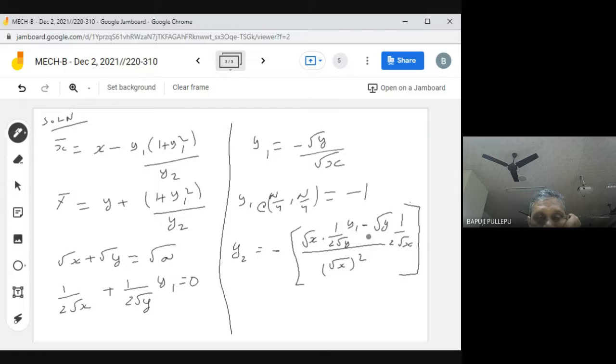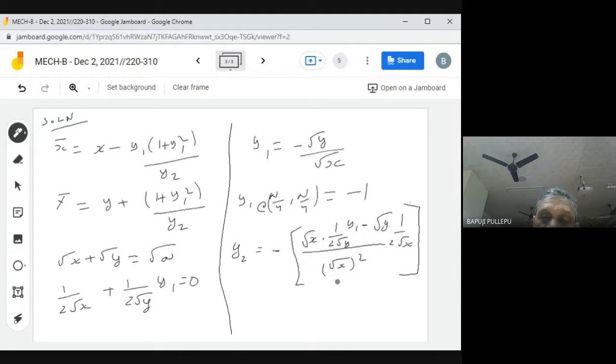Any problem? No, sir. So the numerator is minus 1 by 2 minus 1. The denominator becomes root of (a by 4) whole square, which means a by 4. Are you agree?